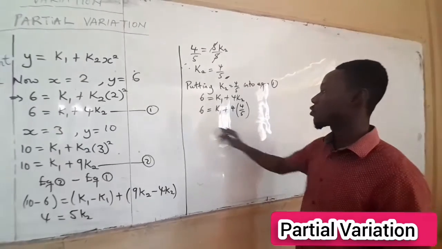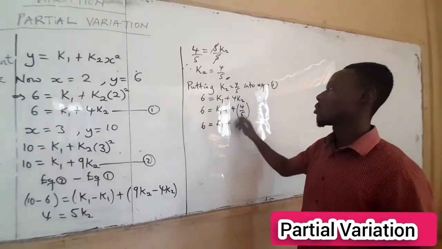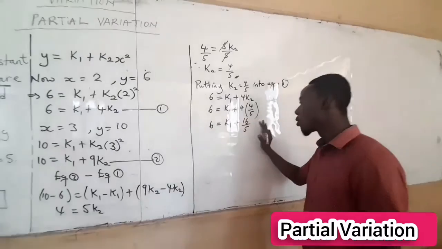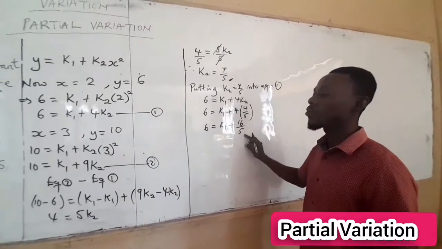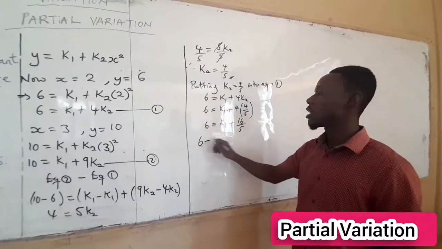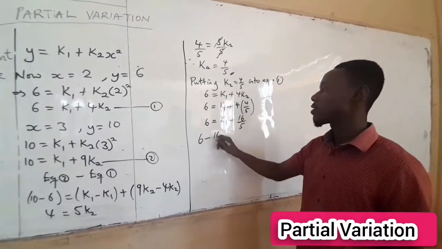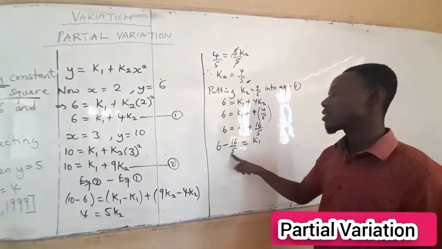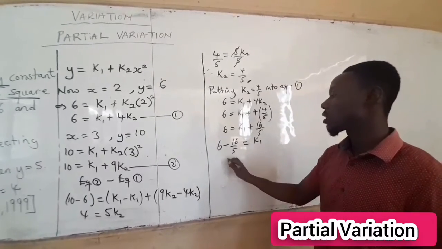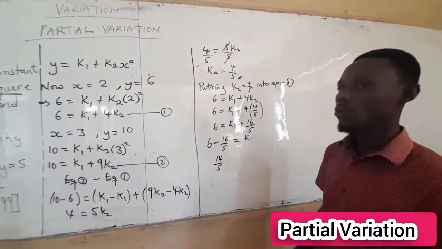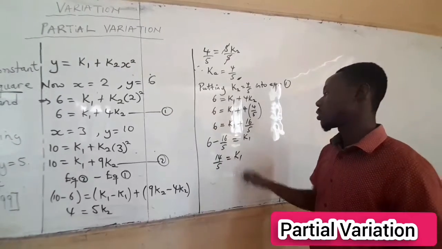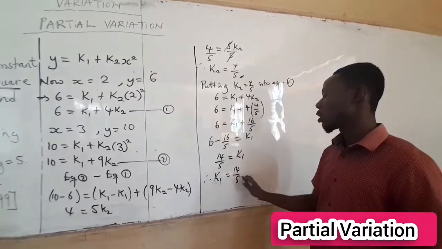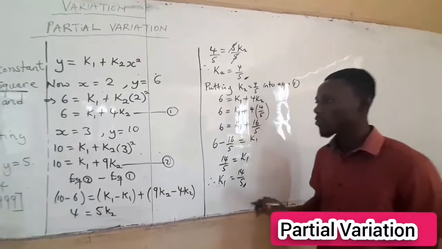Let's simplify this. We have 6 equals k1 plus 16 out of 5. Grouping like terms, we send the 16 out of 5 to the other side, then it becomes negative. So 6 minus 16 out of 5 equals k1. Multiplying 6 by 5 we get 30, 30 minus 16 we get 14, so 14 out of 5. Therefore, I can conclude that k1 is equal to 14 out of 5.